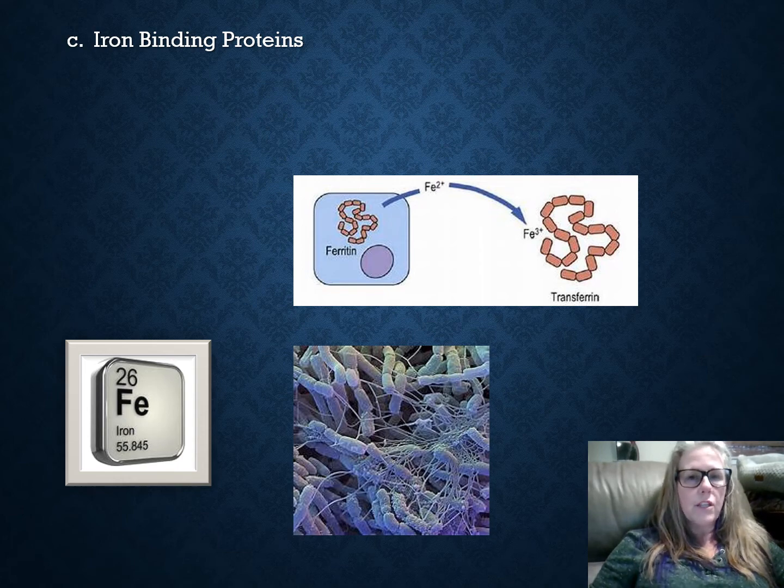If we have a bacterial infection that has reached our blood, it's going to try to use all of that free-floating iron. What our body is going to do is increase the amount of iron-binding proteins and bind up that free-floating iron and keep it away from the bacteria that happens to need it in order to thrive and grow.